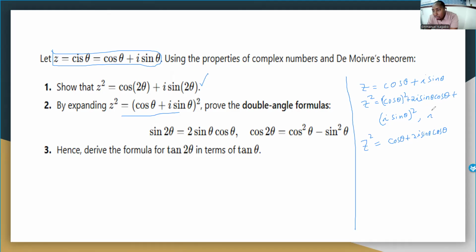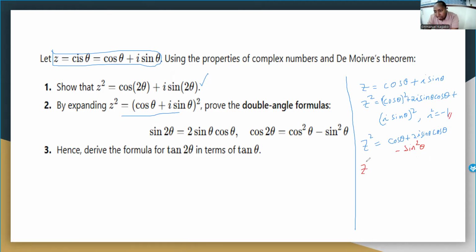What's i squared in complex numbers? It's -1, right? So this i squared will be equal to -1, meaning here I'll get minus sin squared theta. Okay, now what have I got here? I have got an expression of Z that has a real part and imaginary part.